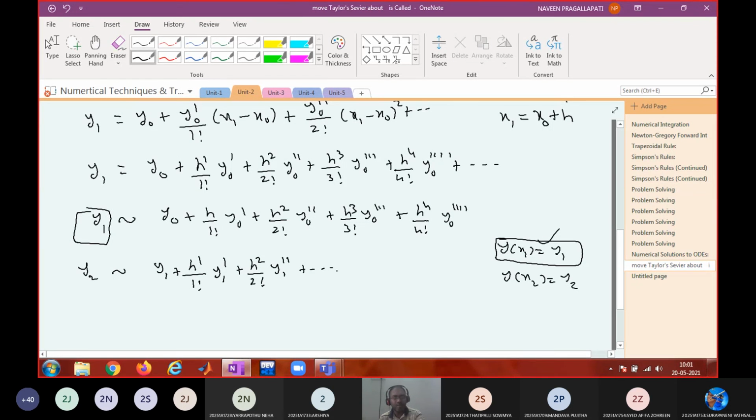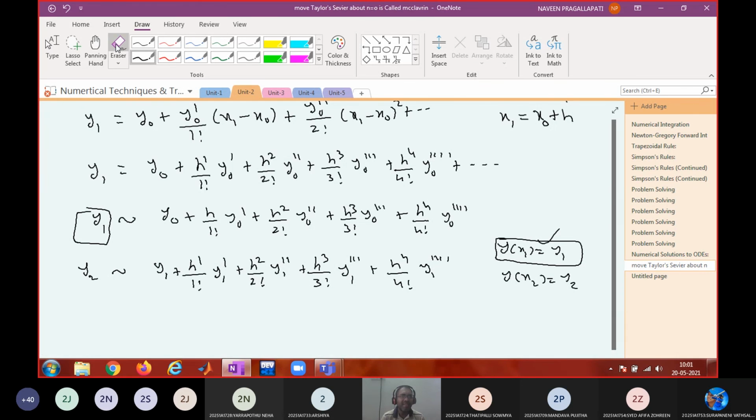Let me write two more terms only because we are approximating: h cube by 3 factorial into y1 third derivative plus h power 4 by 4 factorial into y1 fourth derivative.